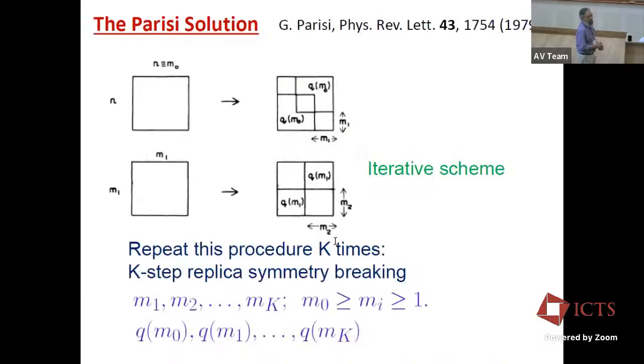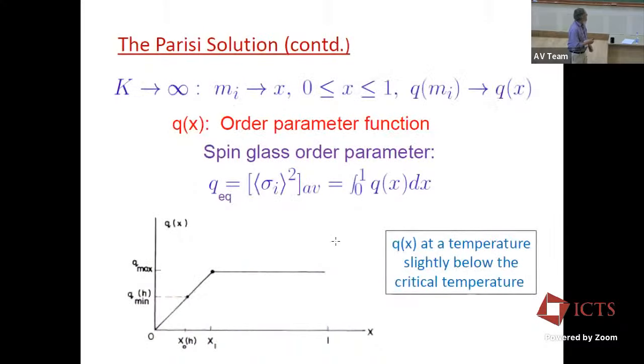Definition of Q had a summation over Q alpha. Definition of the order parameter. Yes, Q is the order parameter. Order parameter was just Q alpha beta, not a summation. Well, now we have broken replica symmetry, so then you have to put in the summation. If it is a summation, then that expression comes from the integral.